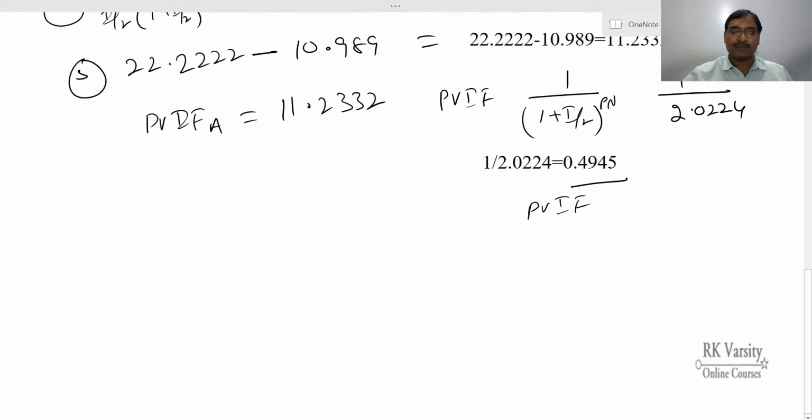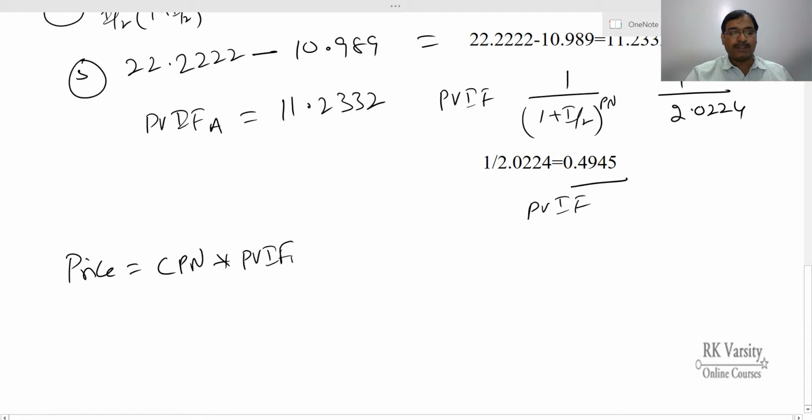We substitute these two values in our bond price equation: price of the bond equals coupon amount times present value interest factor annuity plus face value times present value interest factor.